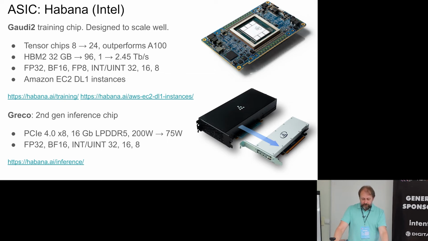And Gaudi 2 actually outperforms NVIDIA A100 by one of the metrics at least. So it's interesting hardware on its own. Again, it's interesting to read about the architecture and to understand how it works. And Habana is available on AWS as well, so you can start using it and try which one is better for your particular case.